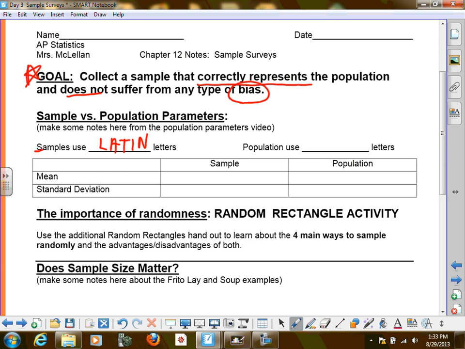Latin letters are the letters we use every day in our writing, just the regular plain printing letters. Population values are represented with Greek letters. You know, like you're thinking of Greek people, or sororities, delta, whatever. So anyway, populations use the Greek letters.